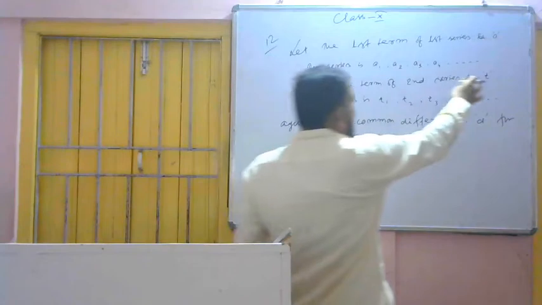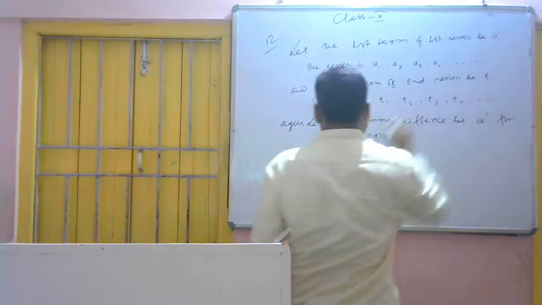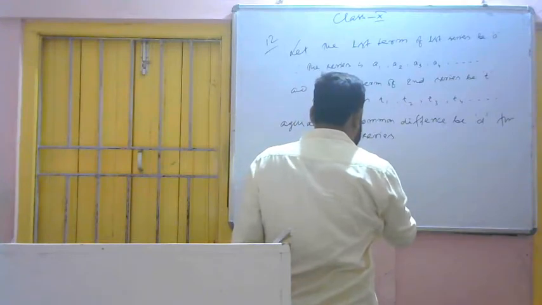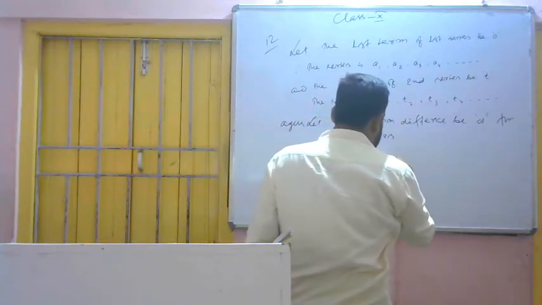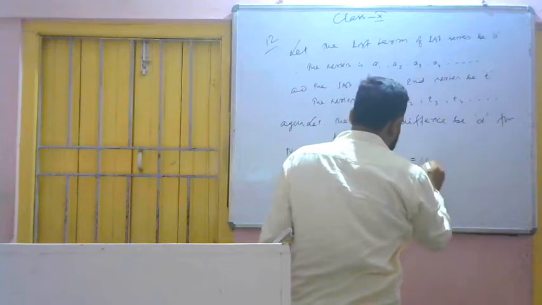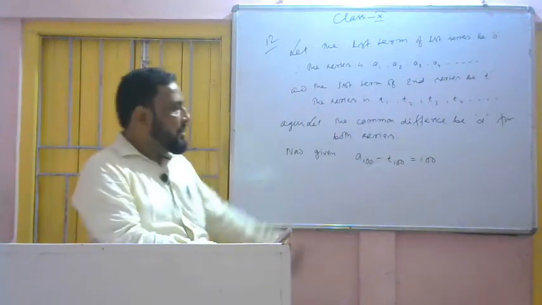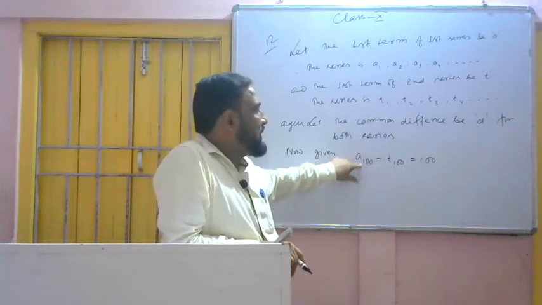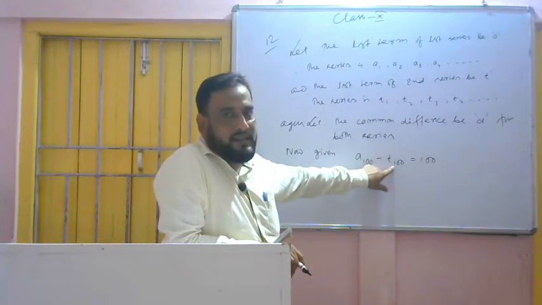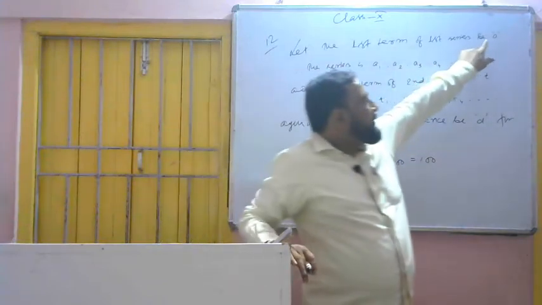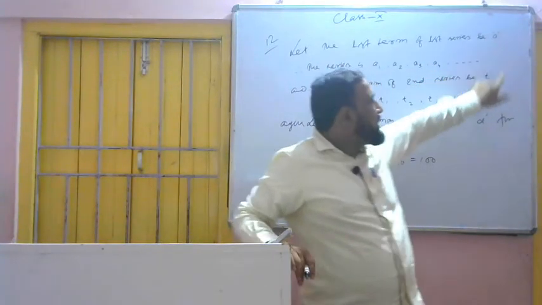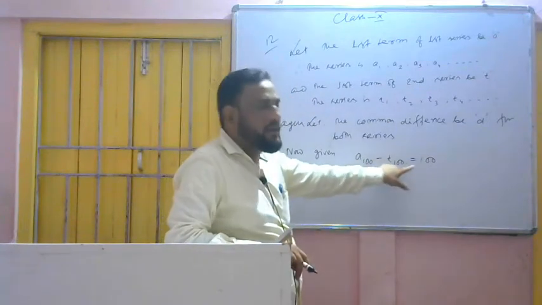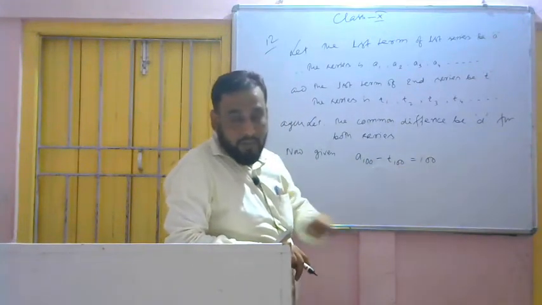So now given a100 minus t100 is equal to 100. The 100th term of the first series is a100 and the 100th term of the second series is t100, because the first series' first term is a and the second series' first term is t. We have to find the difference between the 1000th terms.